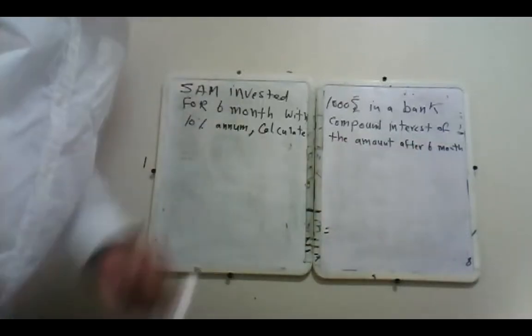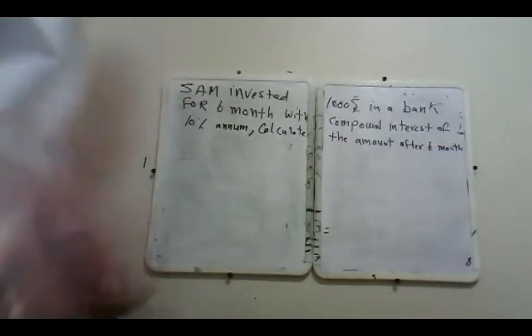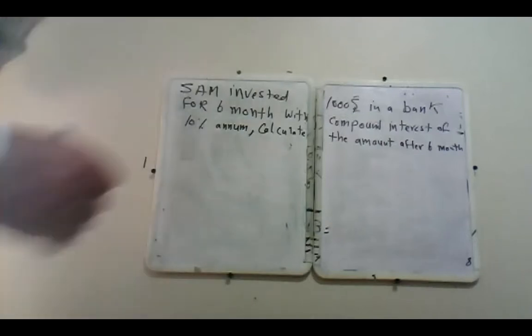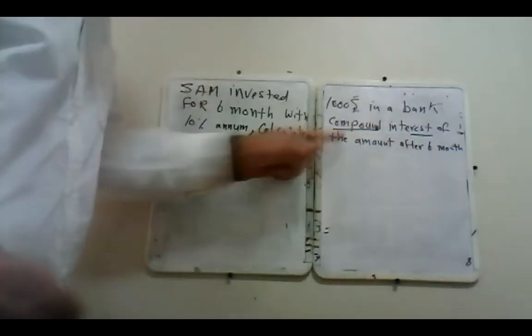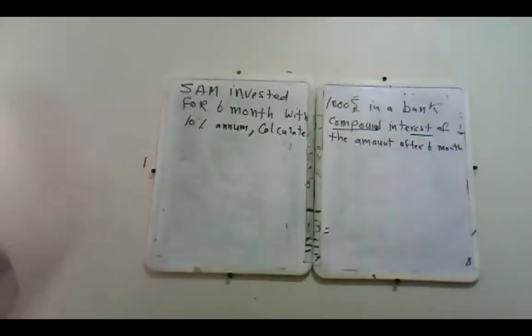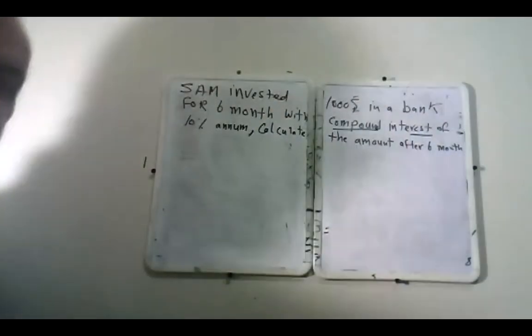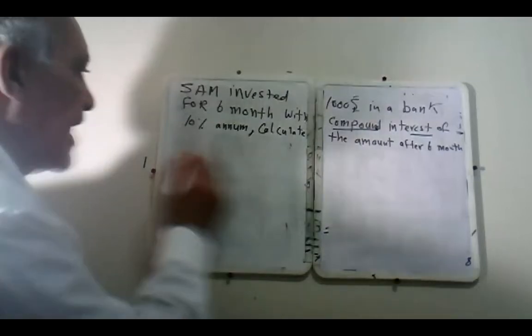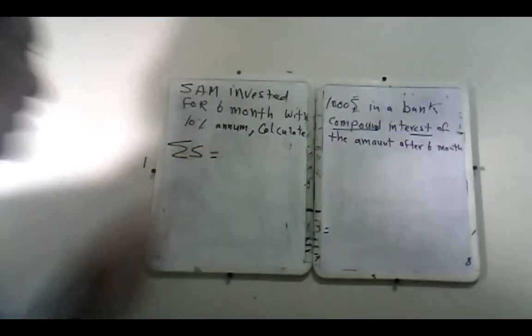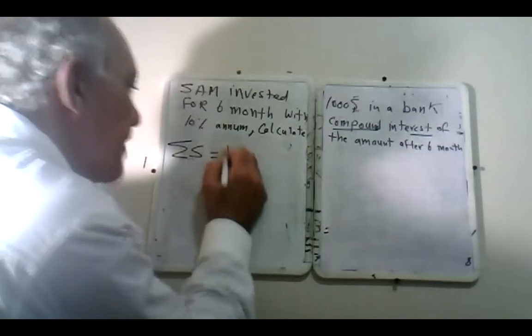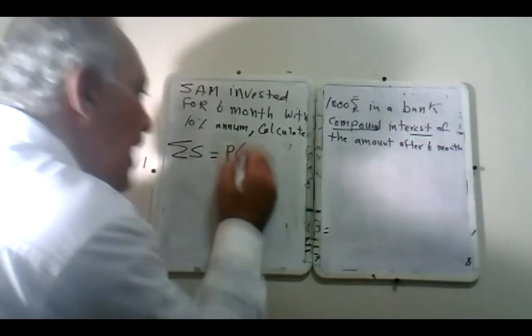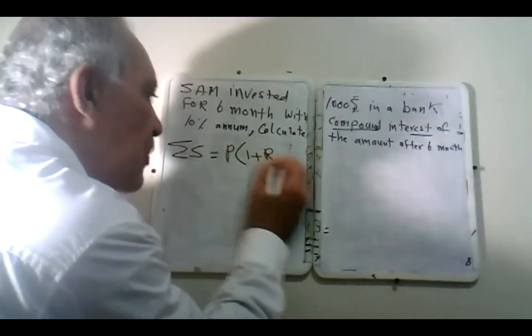What you will do now is get the future amount. How will we get it? Because the interest is compound, we do not apply the simple interest law, but the compound interest law. So I will say the amount at the end of this period will be the principal P multiplied by 1 plus R, the rate, power T, the time.